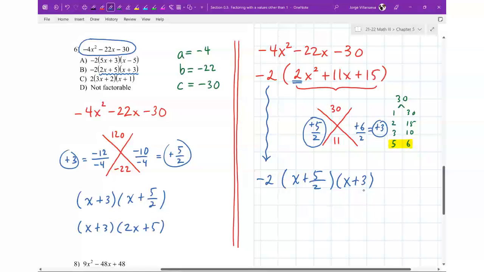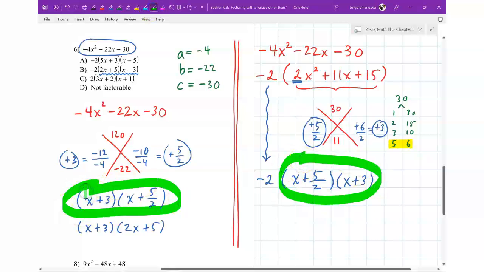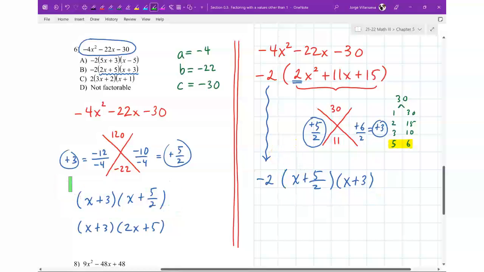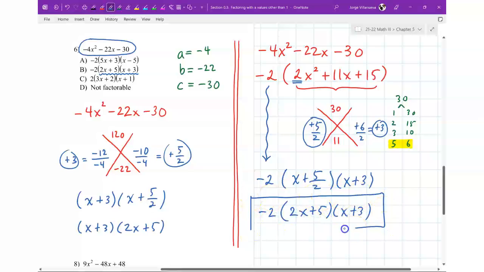Notice how this part right here and this part right here pretty much match, right? The only difference is that negative 2 that you were supposed to factor out. That's the only difference. Okay? So your final answer would have been negative 2, 2x plus 5, x plus 3. This is the answer they're looking for, right?